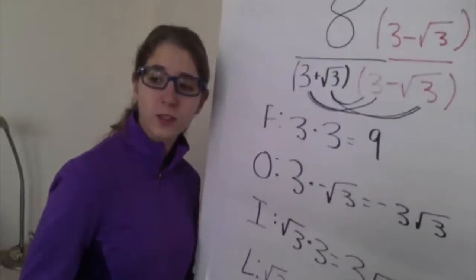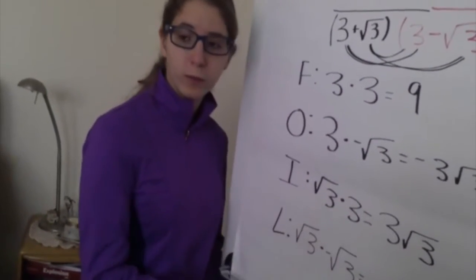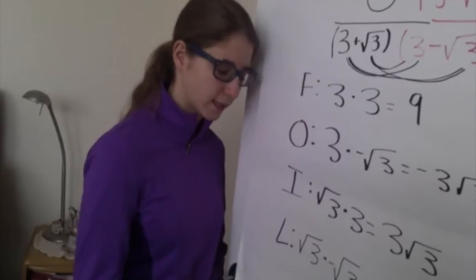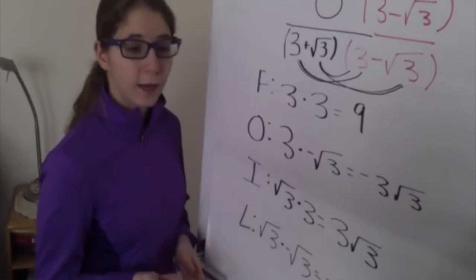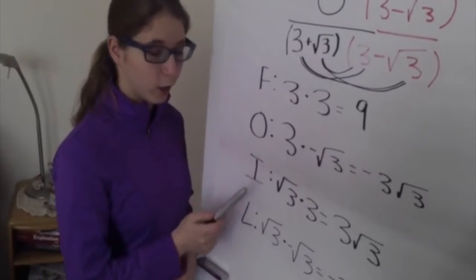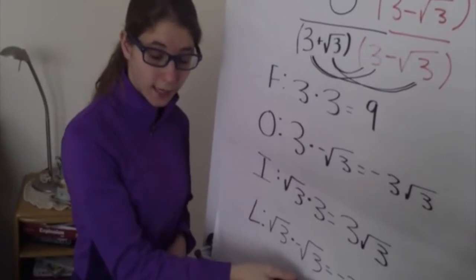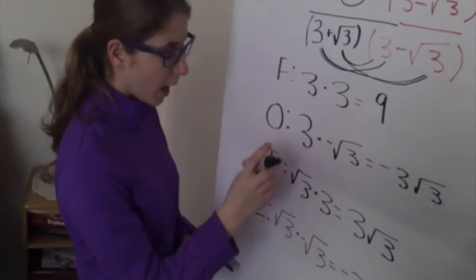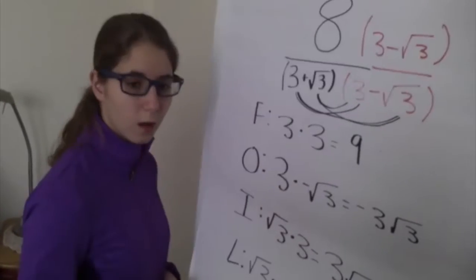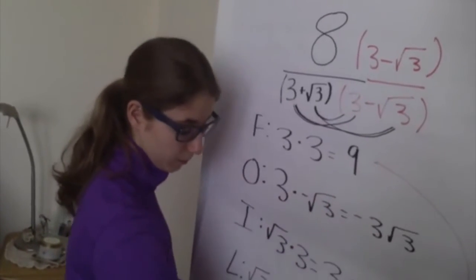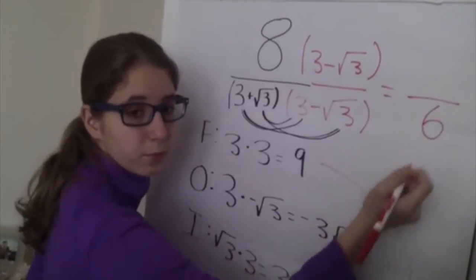Remember, a radical times itself is just a number without the radical. Only in this case, it's a negative. To recap FOIL: first, outer, inner, last. 9 minus 3 equals 6, and the outer and the inner cancel each other out. Our denominator now equals 6.